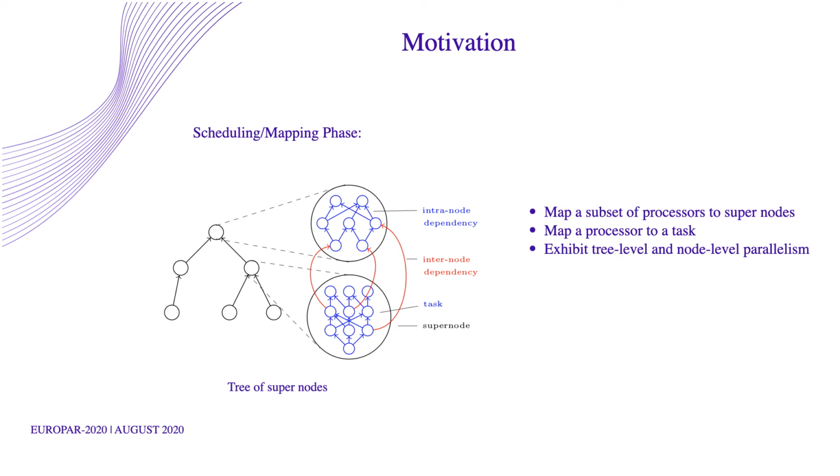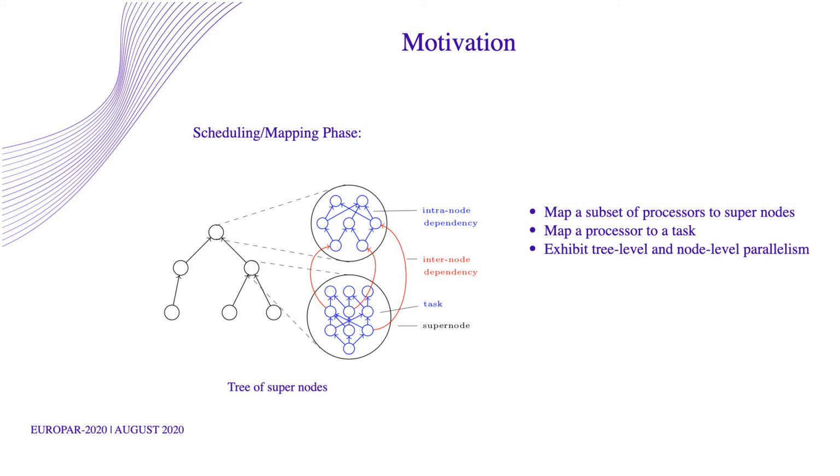At a coarse-grain level, the computation is represented as a tree of supernodes, where nodes represent computational tasks and edges represent data dependencies. If we zoom into the supernodes, we can find that the supernodes are composed of many small tasks, which themselves form a small directed acyclic graph.